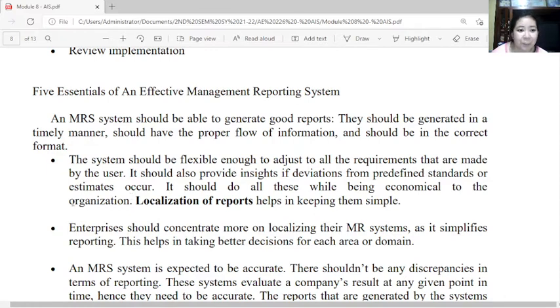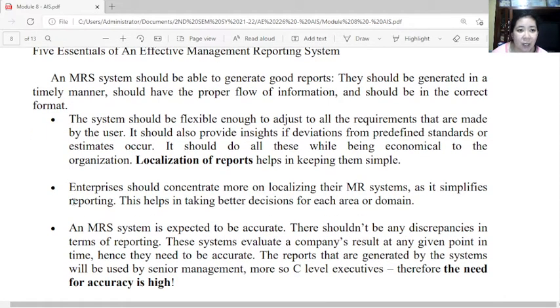The first essential of an effective MRS is that the system should be flexible to adjust to all requirements by the users, because this will provide insights if there are any deviations from predefined standards or estimates. It should do all this while being economical to the organization, meaning localization of reports helps in keeping them simple. That's why it should be flexible.